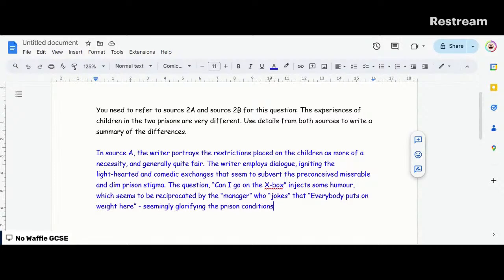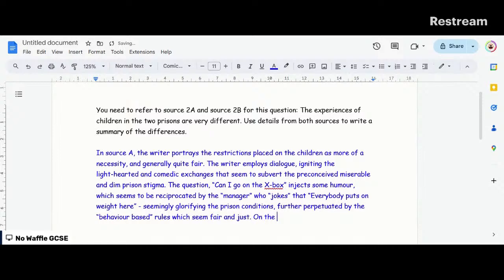So the seemingly glorifying of the prison conditions further perpetuated by the behavior based rules which seem fair and just.